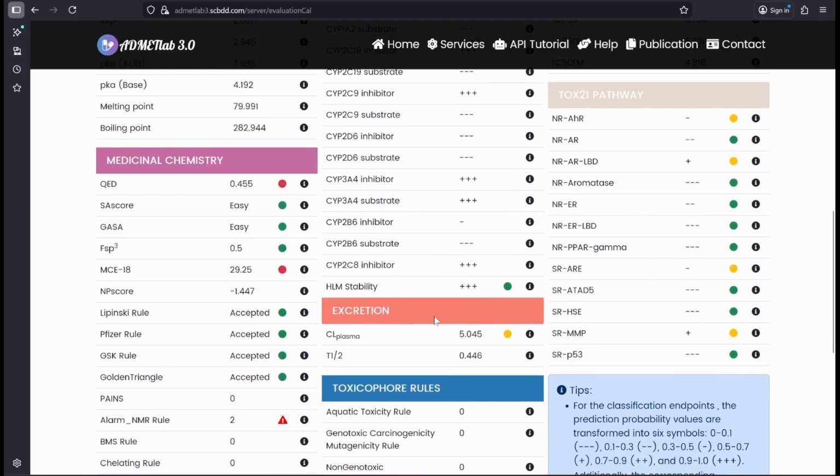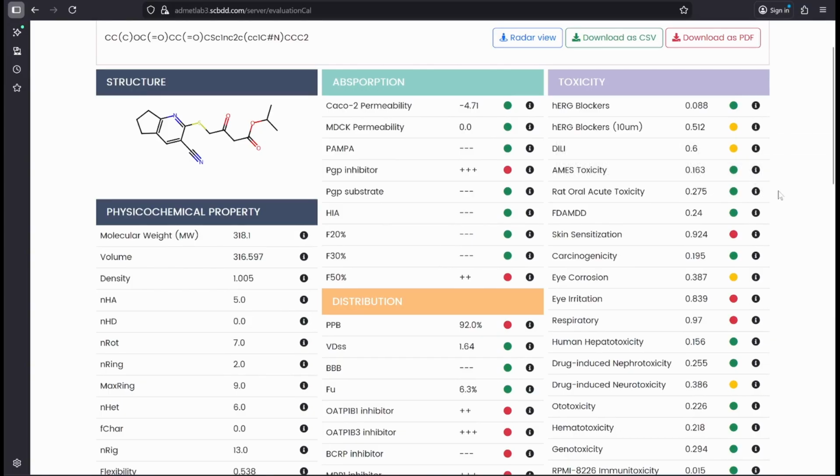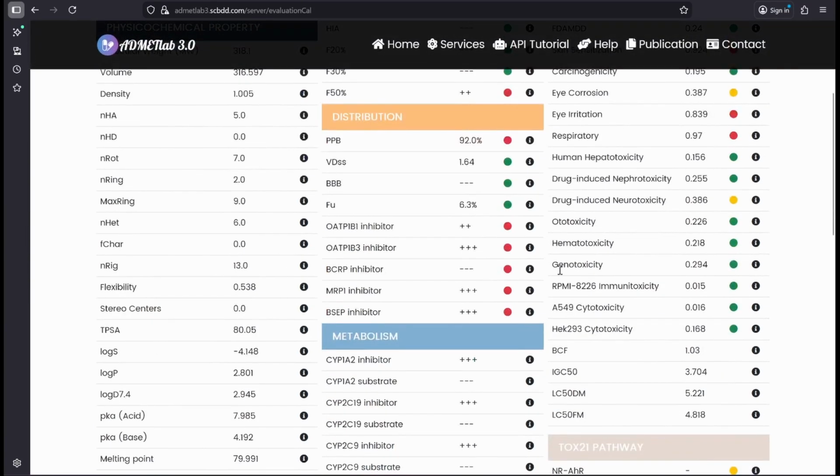For excretion, we have half-life, etc. And finally, of course, toxicity, which is a major part of any kind of drug development or discovery, right? You will have the different toxicity parameters, whether this drug could be toxic in these contexts. For example, for heart blockers, whether it will have any influence on our heart or not, skin sensitization, carcinogenicity, hepatotoxicity, and so on.